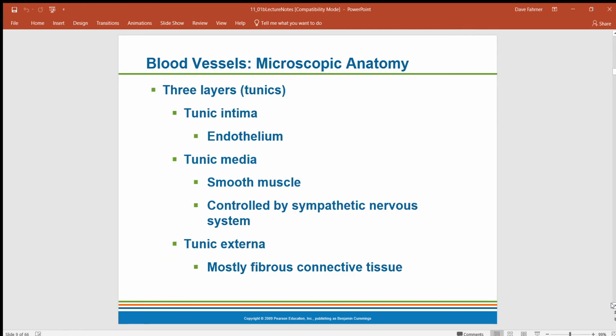Looking at it microscopically, there are three basic layers that are going to be in these vessels. You have an epithelial layer, which is going to cover the outside. You're going to have a little bit of connective tissue along with the smooth muscle, which is on basically the middle section, and this is going to be controlled by the sympathetic nervous system.